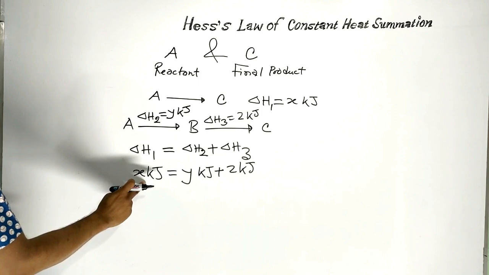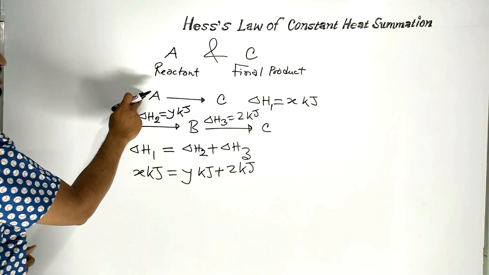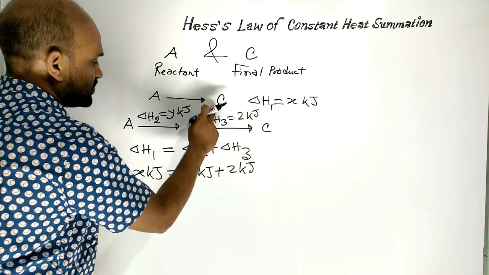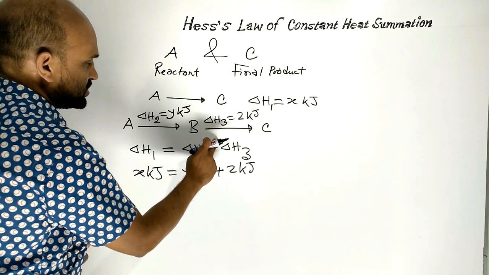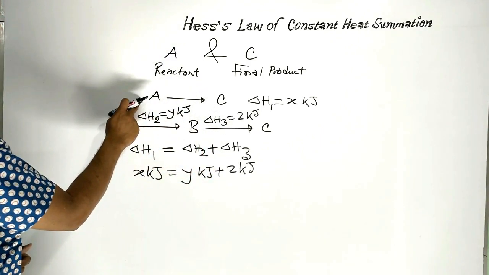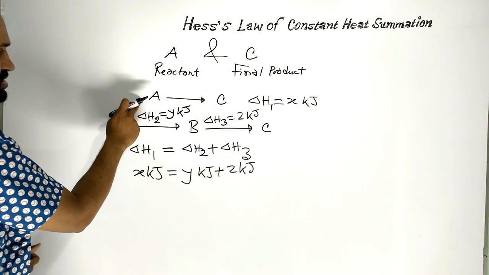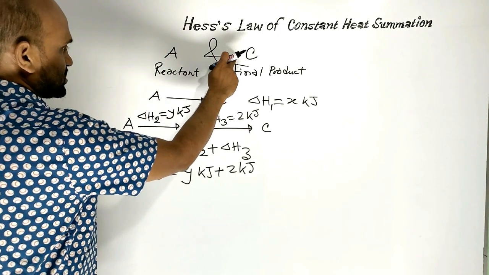Hess's law is: heat change will remain always constant whether the reaction is conducted in one step or in more than one step. That is, heat change doesn't depend on the steps of the reaction. Rather, heat change depends on the reactant and final product.